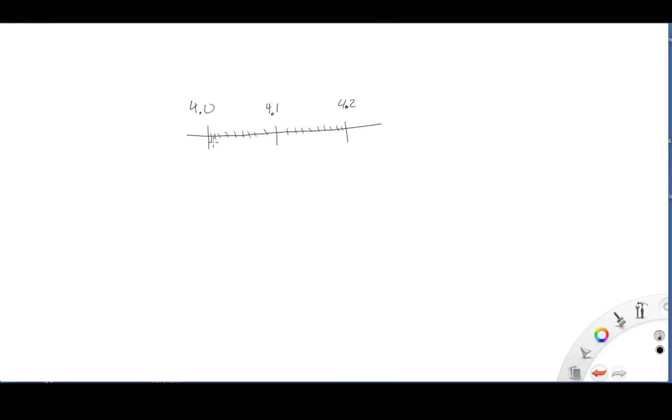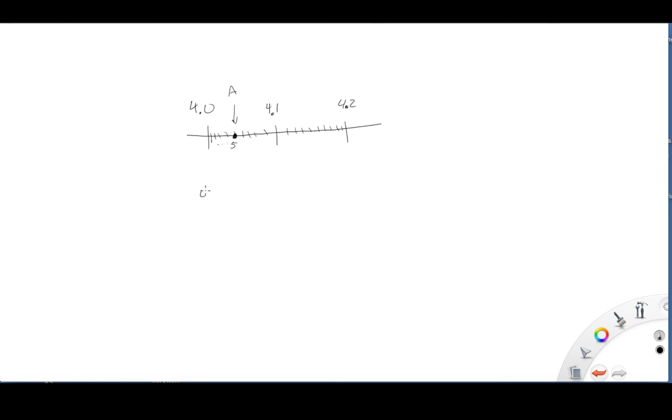So if we look at where A is, A is on the 5th mark, 1, 2, 3, 4, 5. There's a decimal point right there, and they call this A. So if it's on the 5th mark, that means we take the 4.0 and add a 5.